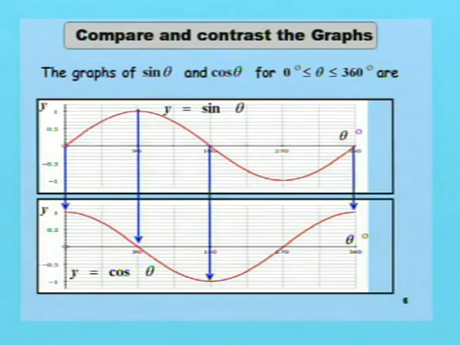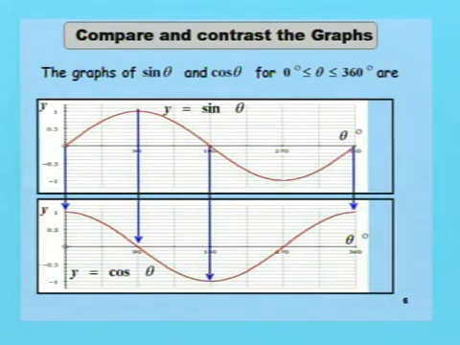Notice the value at 90. You see an arrow coming down. The sine of 90 is 1, but the cosine of 90 is 0. Keep going to your right. At 180, the sine of 180 is 0, and the cosine of 180 is minus 1.